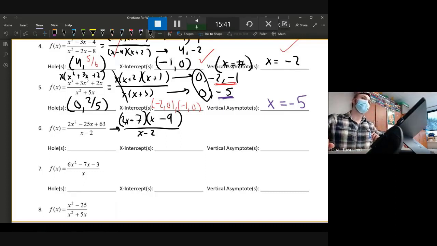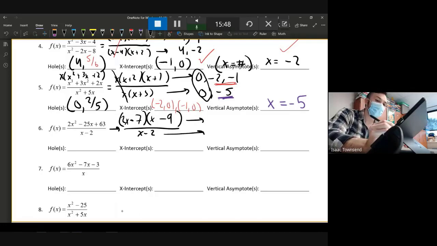Okay, so there's the numerator factored for you. So write out what numbers you think make the numerator 0. Write out what numbers you think make the denominator 0. And then see if that tells you the holes, the x-intercept, and vertical asymptote.